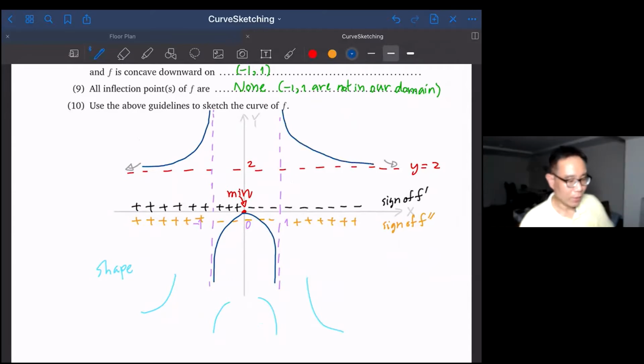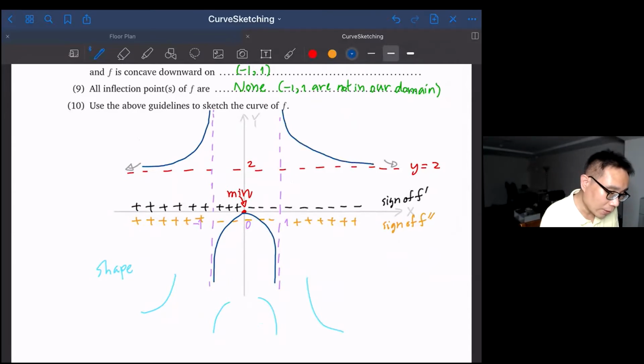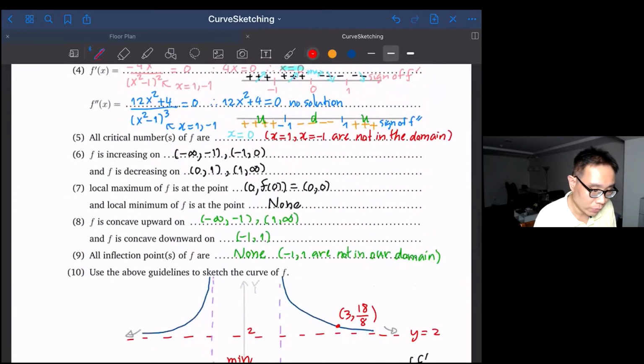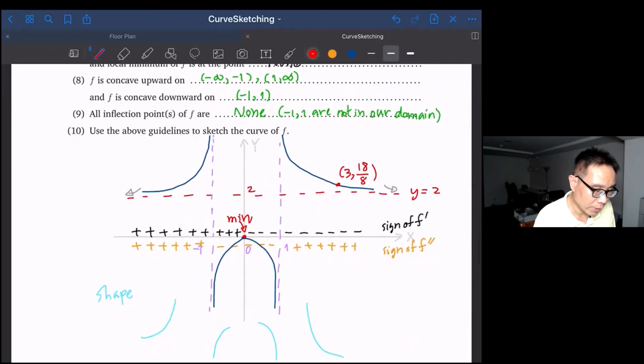Okay. So for this example, you may plot some points in order to give you some guideline. For example, you may plot when x equals 3. When x equals 3, you get 18 over 8.